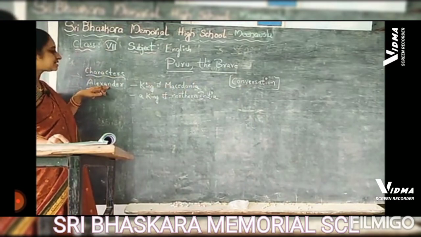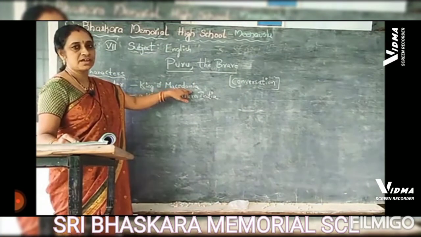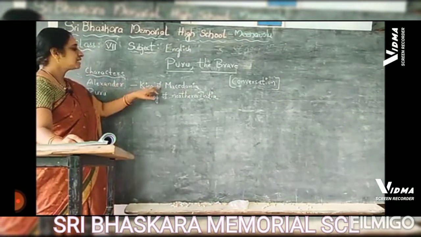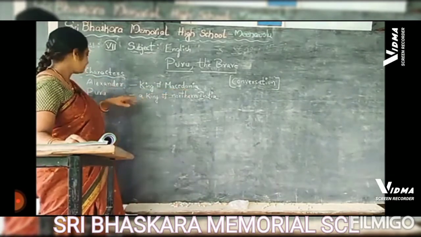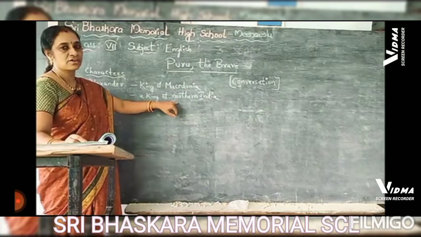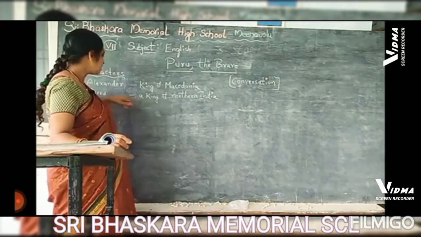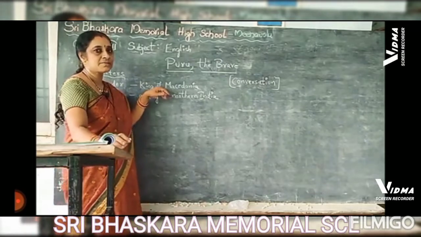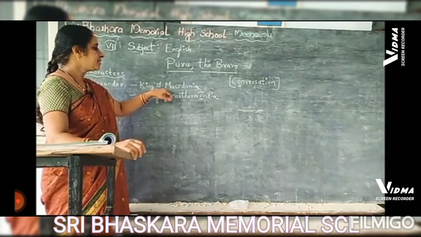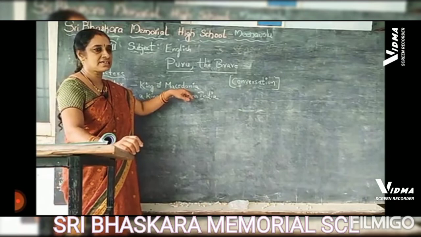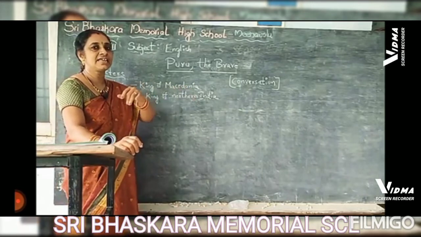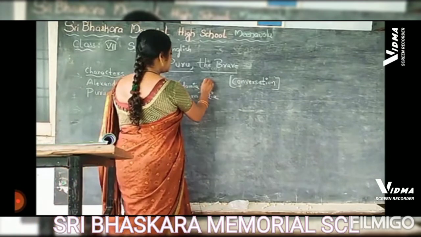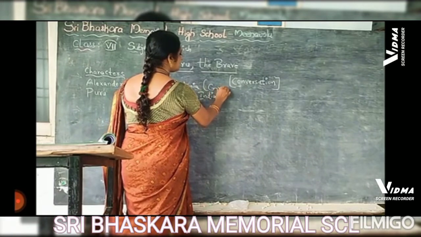One is Alexander, the king of Macedonia. PURU is a king of northern India. PURU means Purushottam, his full name. Macedonia is a kingdom in Greece.